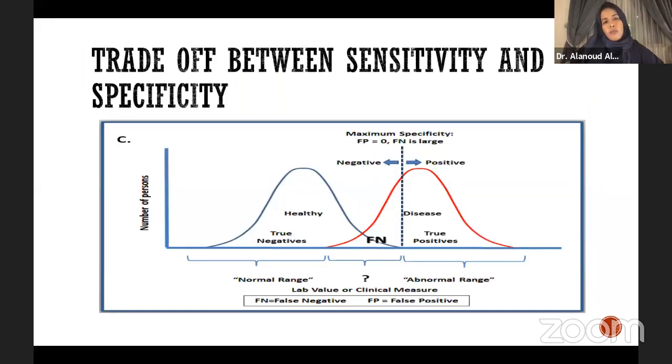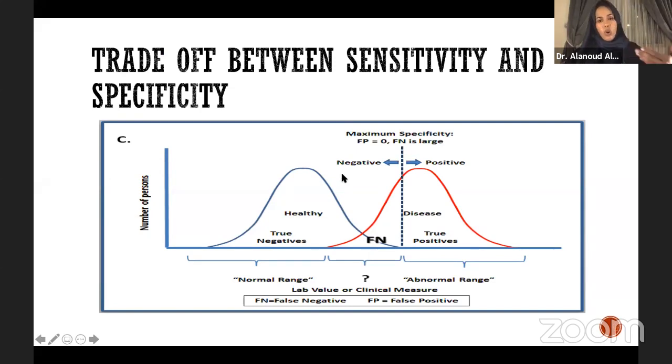I wish that sensitivity and specificity were that easy. Unfortunately, it's very difficult to find a test that is 100% sensitive and 100% specific, or even at least 90% sensitive and 90% specific. And the reason is there's always a trade-off between sensitivity and specificity.